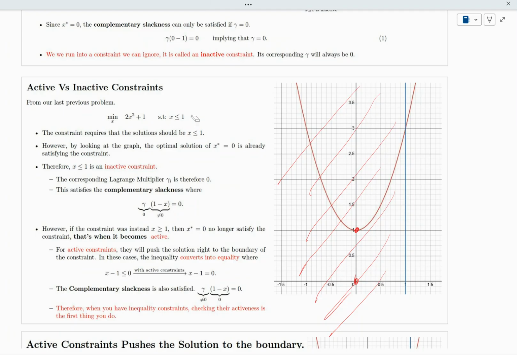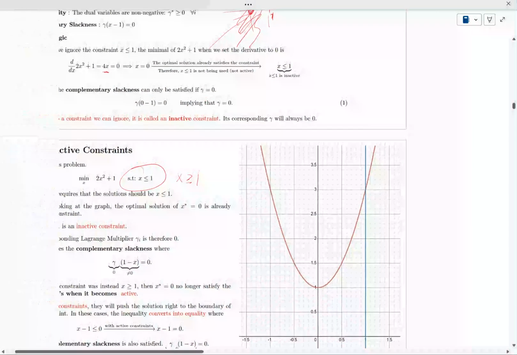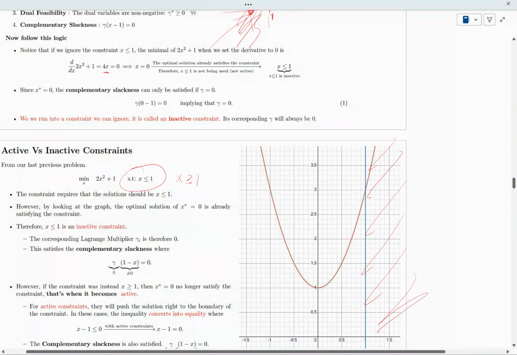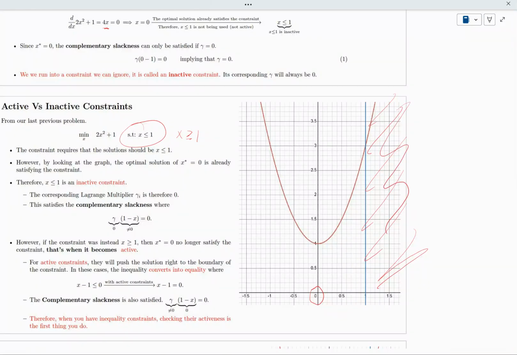However, what would happen if we change the constraint and say that x has to be greater than or equal to 1, right? So now it's over here. Well, in that case, the optimal solution 0 is no longer in the region of feasibility. This is the infeasible region, and this is the feasible region.